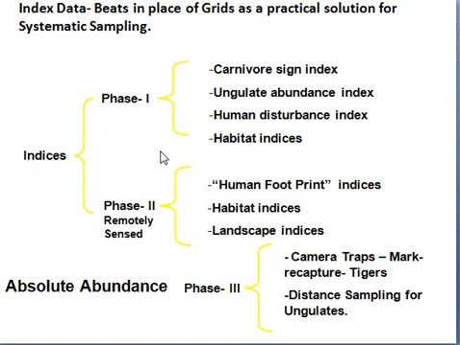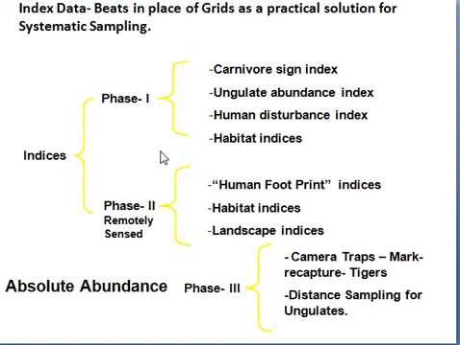Under this systematic sampling, on the basis of different indices, there are basically two phases, phase 1 and phase 2. Under phase 1, through index data, we can observe the carnivore sign index, ungulate abundance index, human disturbance index and habitat indices.